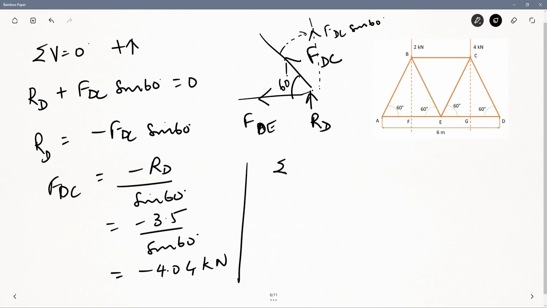Now I use my horizontal equilibrium equation: summation of all horizontal forces equal to 0. The forces acting towards my right will be positive.